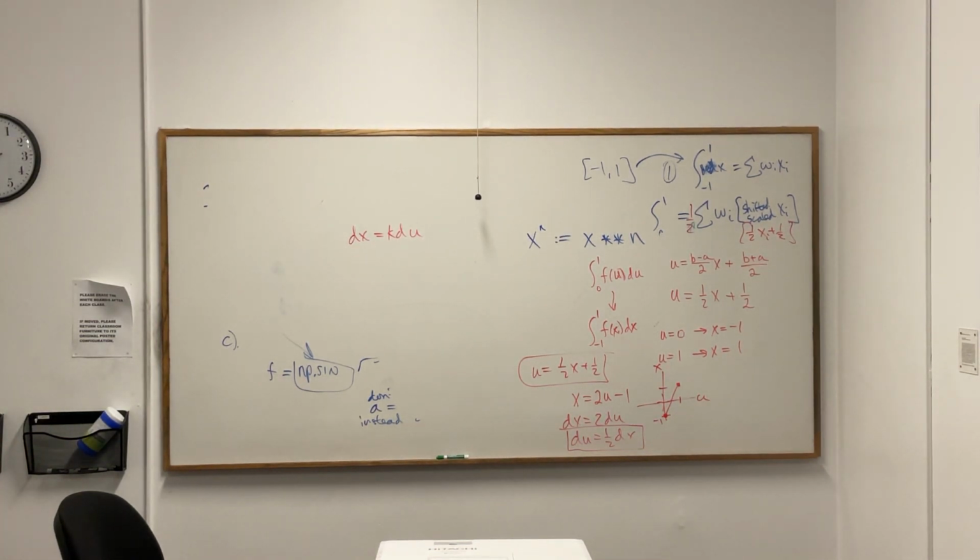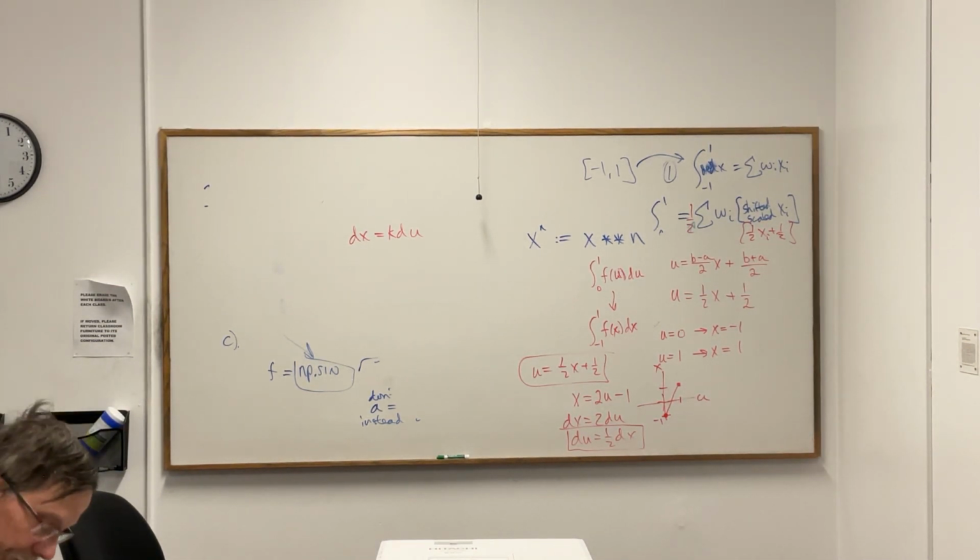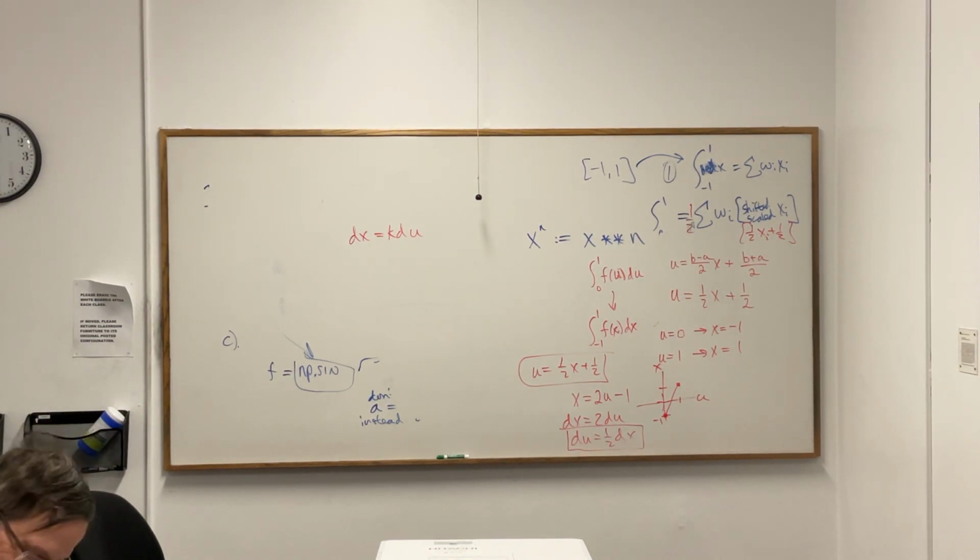Is this one for part B? So part A was where I went from the integral to the f of blah. This is part B. You're doing great.